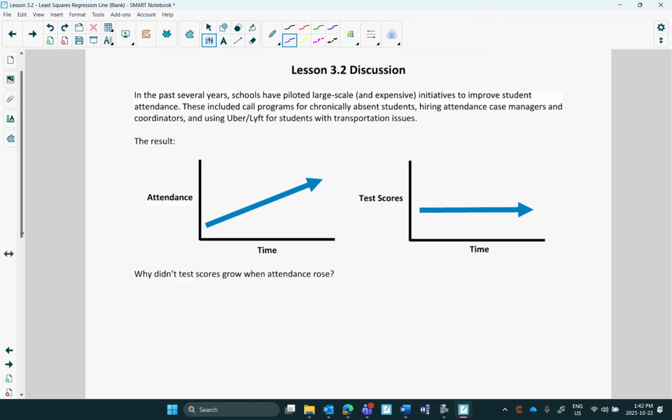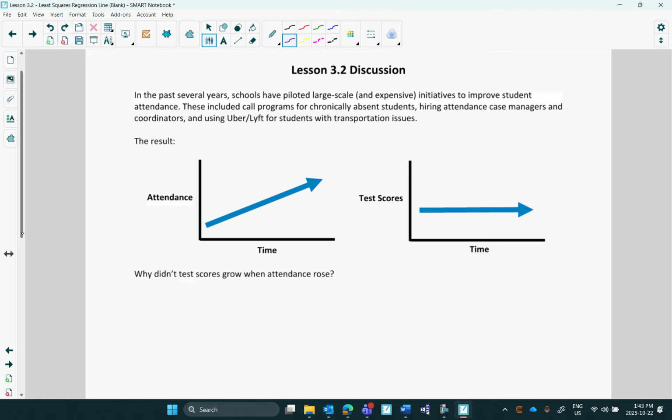A whole bunch of things have been tried to improve attendance: call programs, hiring attendance case managers, even using Uber or Lyft to get kids to school, because this is a serious problem in certain neighborhoods, in Canada and the US and across the world.